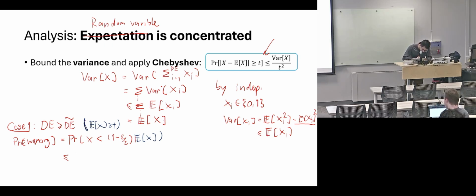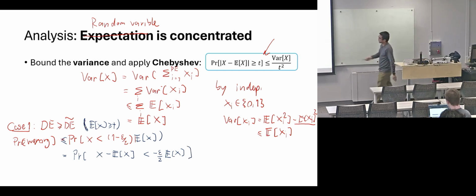And now I can rearrange it a bit, so that the expectation of x is less than, just rearrange things, right?